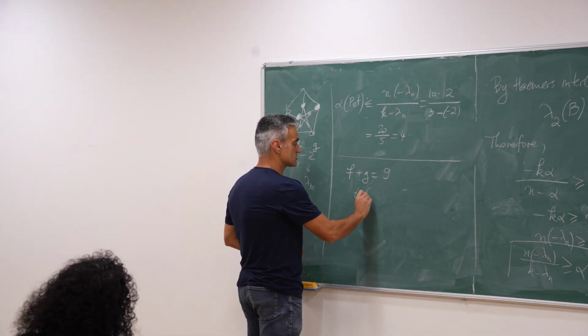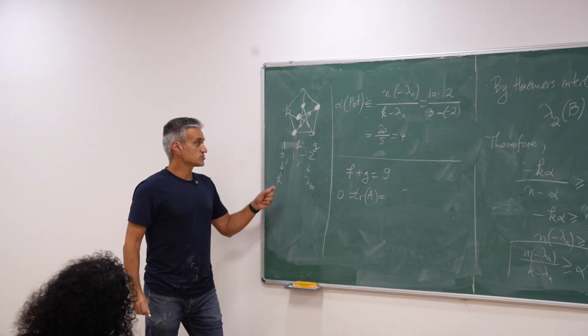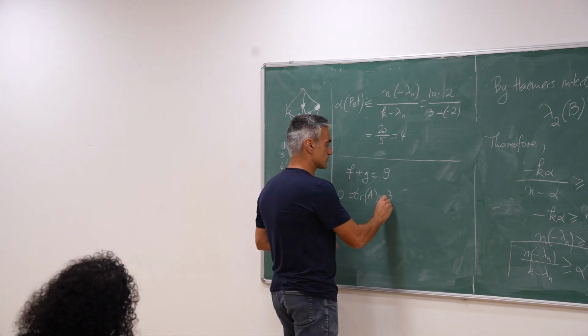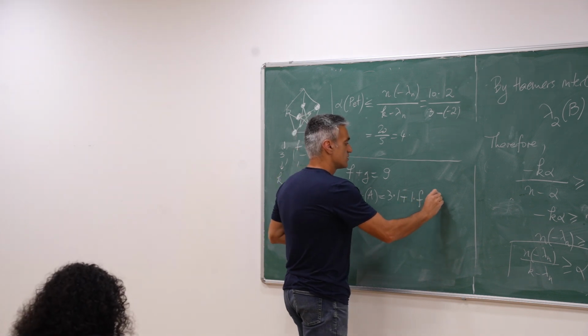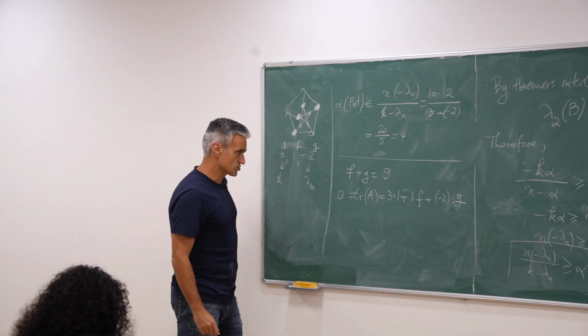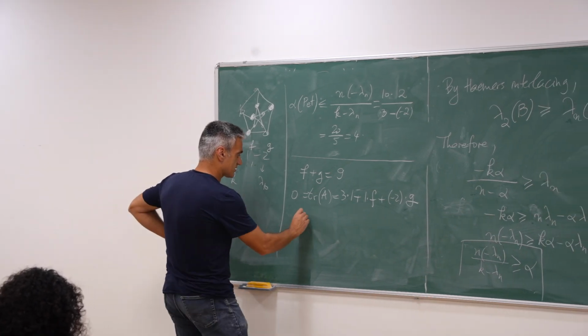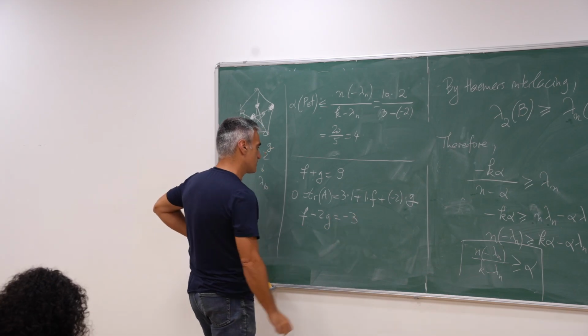The trace of the adjacency matrix is 0, but it will be the sum of the eigenvalues. 3 comes with multiplicity 1, so 3 times 1, plus 1 times f, plus minus 2 times g. Okay, so I get that f minus 2g equals minus 3.